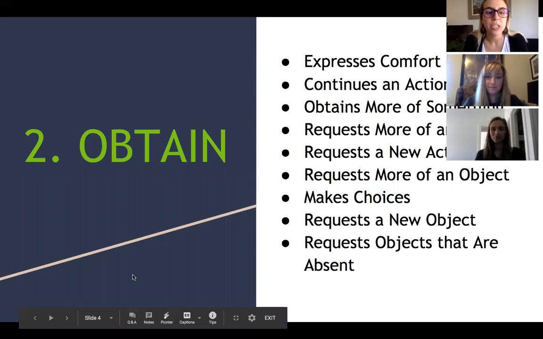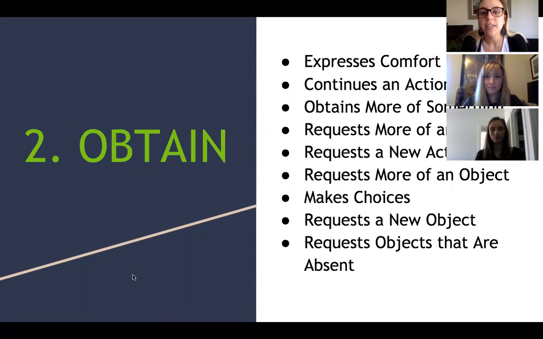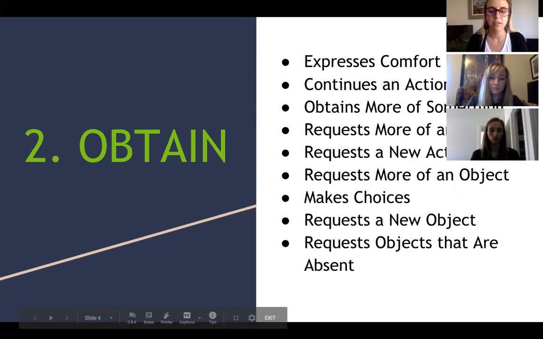So second is to obtain. This means expressing comfort, continuing action, obtaining more of something. This is mostly involved at the more beginning stages of development, is choice making. What I do with a lot of my students is I have 2 objects that they really like in front of them, and then we work on this function of communication, which is obtaining, and have them basically choose from 2 items.